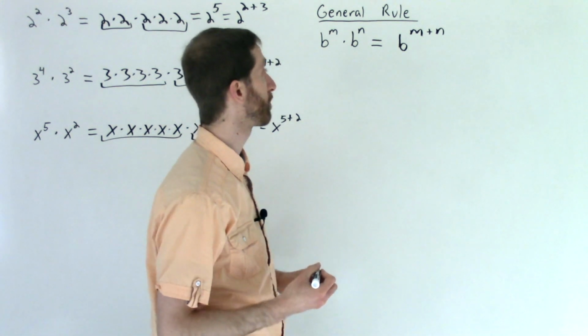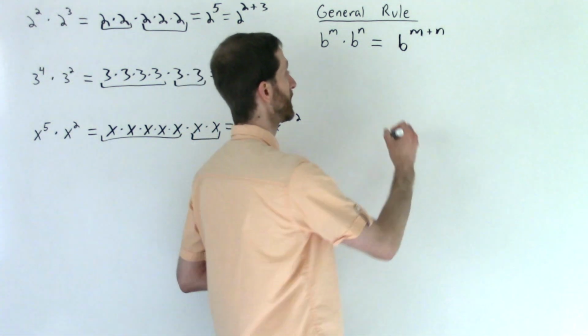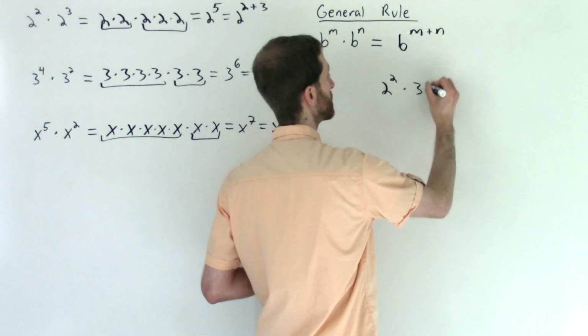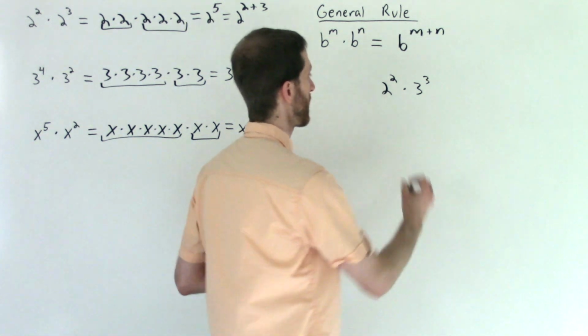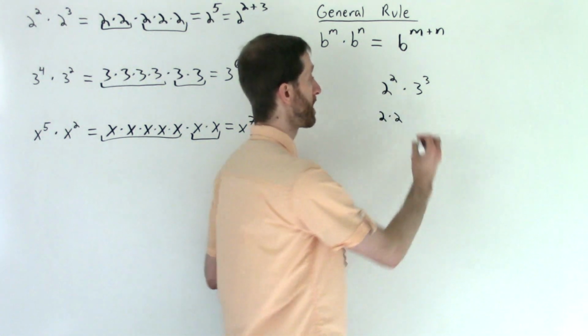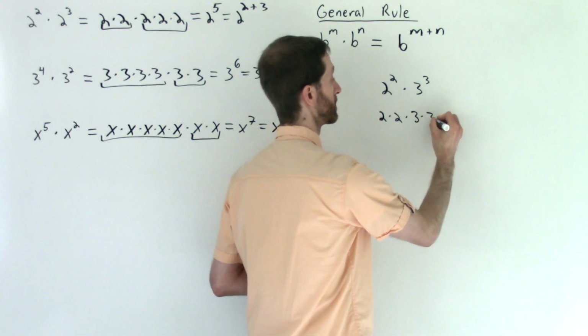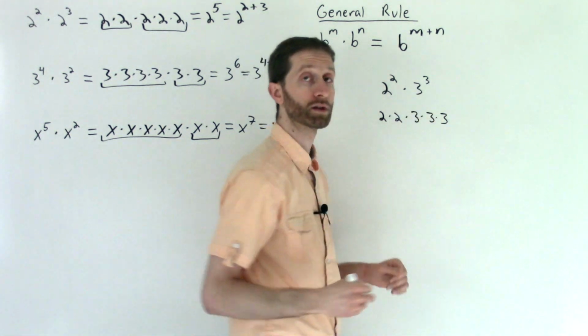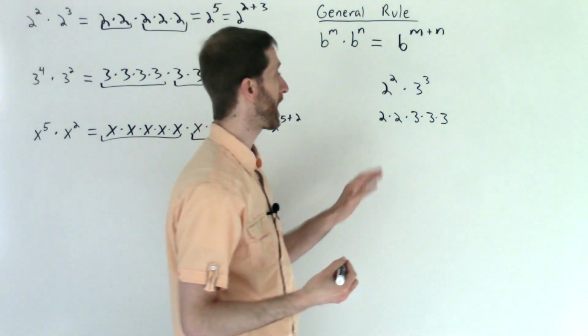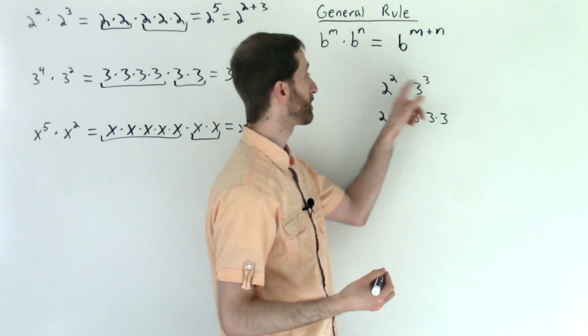Let me show you an example of when we don't have the same bases. Let's say that we have 2 to the 2nd times 3 to the 3rd. If we expand that out, that's going to be the same as 2 times 2, 2 squared, and then 3 times 3 times 3, 3 cubed. Well, how many 2's and how many 3's do we have? At the end of the day, I don't have 5 6's, right?